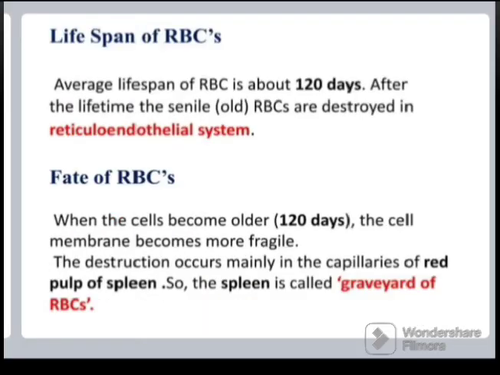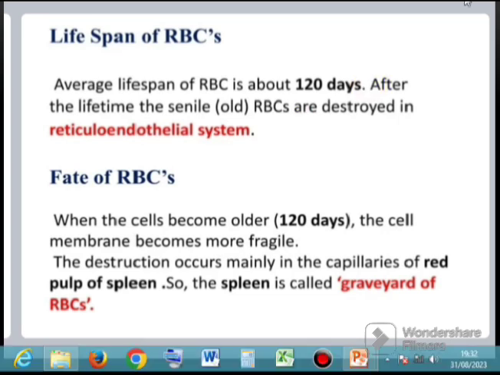But for red blood cell, it's more like properties of blood. So we can proceed. The lifespan of red blood cell is 120 days. Lifespan of red blood cell is 120 days.